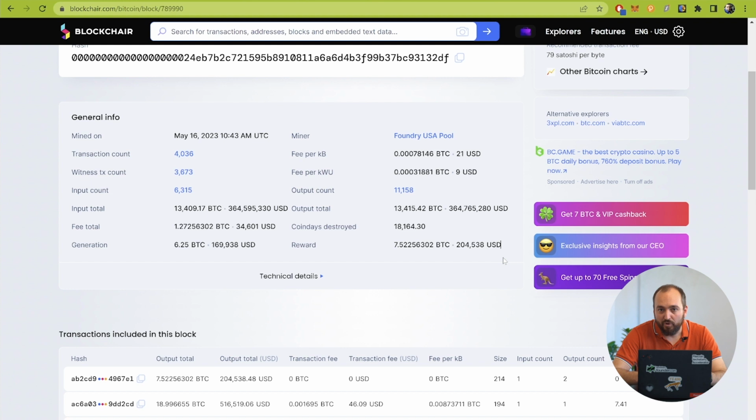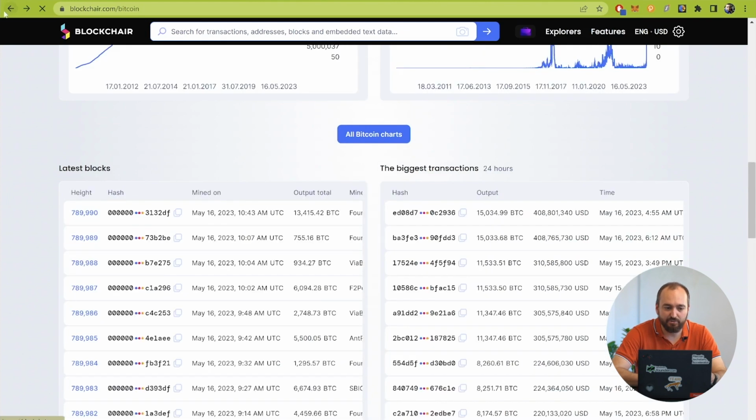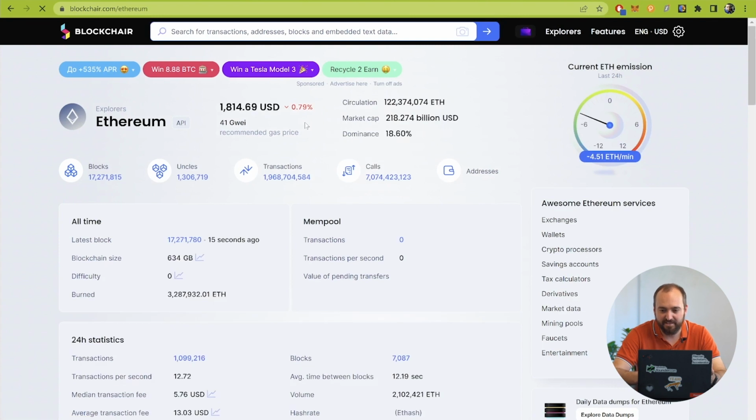That means the number of Bitcoin increases every block, every 10 minutes. And Ethereum right now has another situation, where the total number of Ethereum coins is decreasing. Just keep that information in mind.